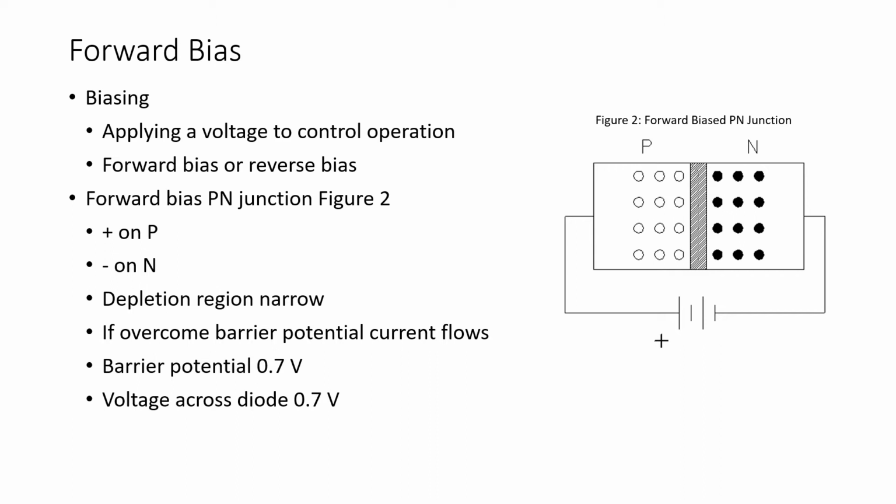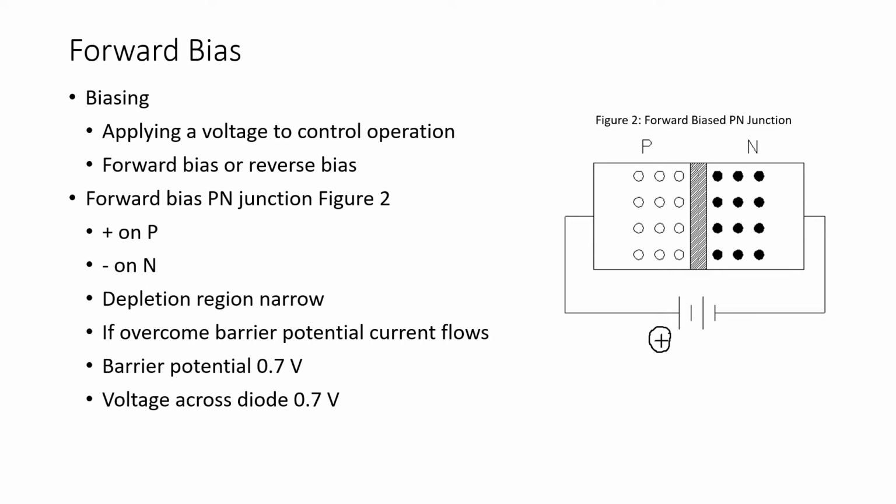And to be forward biased, the positive of the voltage source is applied to the P-type material, and the negative of the voltage source is connected to the N-type material. And what happens when we forward bias this PN junction is that the positive potential repels the holes in the P-type material. Remember, the P-type material has holes and the N-type material has free electrons.